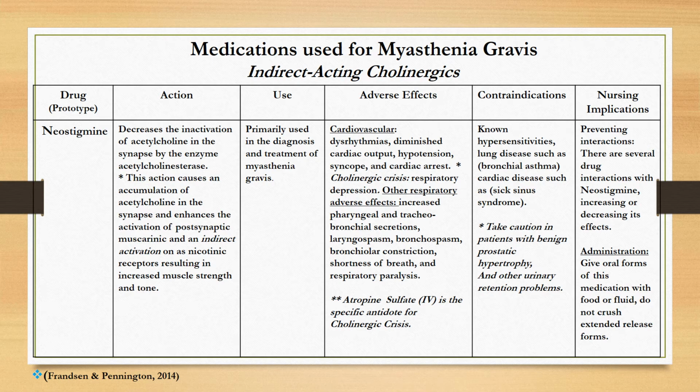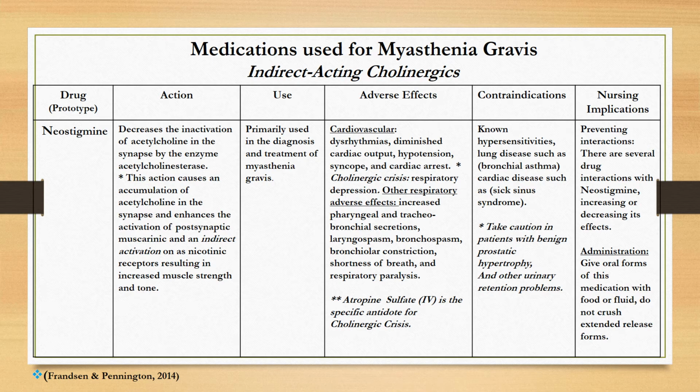Okay, and when we don't have that acetylcholinesterase, that means that we've got an increased accumulation of the acetylcholine. And so that helps with that muscle strength and muscle tone. And its main use is for myasthenia gravis, both in diagnosing and treating.